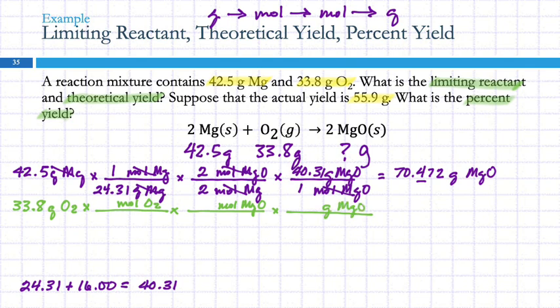We want to end up with the same quantity. We don't want to end up with grams of oxygen at the end or grams of magnesium. We want to end up with grams of the product, magnesium oxide, so that we can compare the two and see which is smaller.